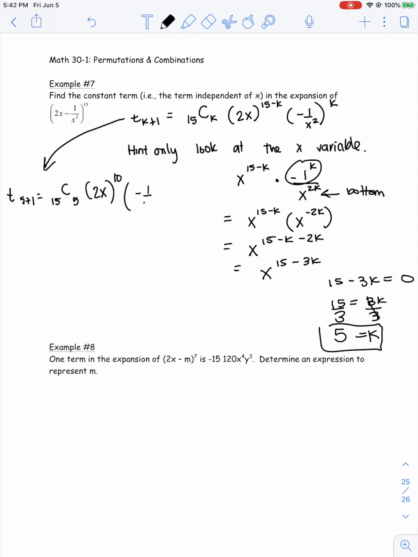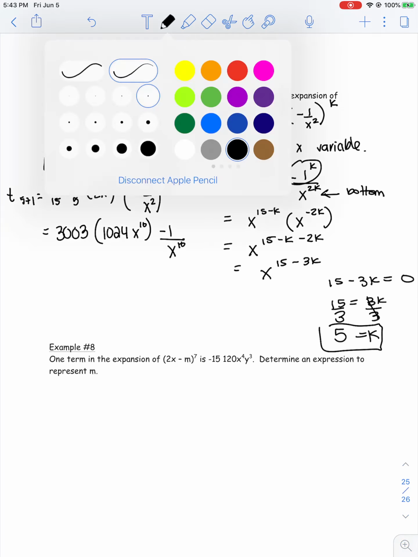And in brackets, we have negative 1 over x squared to the power of 5. So 15 choose 5 is 3003. 2 to the power of 10 is 1024. And then we have x to the 10. And negative 1 to the power of 5 will stay negative 1 over x to the power of 10.